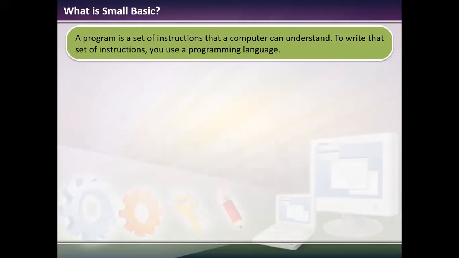Ultimately, the Word program gives a nice document to the user. So a program is a set of instructions that a computer can understand. To write that program, we use a programming language.